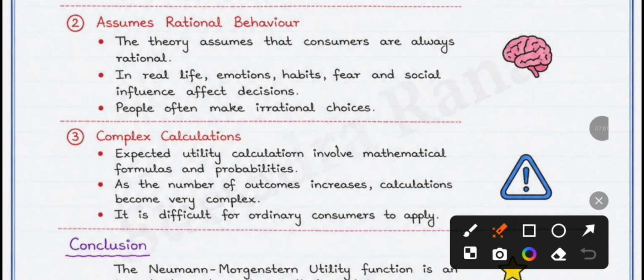As the number of possible outcomes increases, the calculations become more complicated. For example, an ordinary consumer may find it difficult to calculate expected utility before every decision. These are the limitations of this theory.